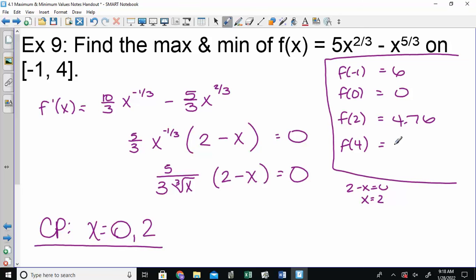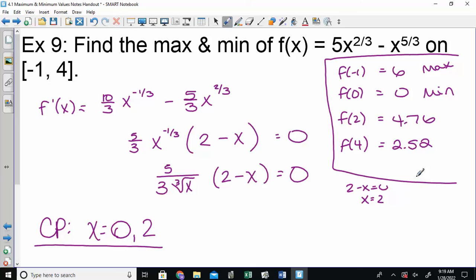And 4? 2.51985. So 2.52. So what's my max? Oh, shoot. Yeah, that first endpoint. And our min is at 0.